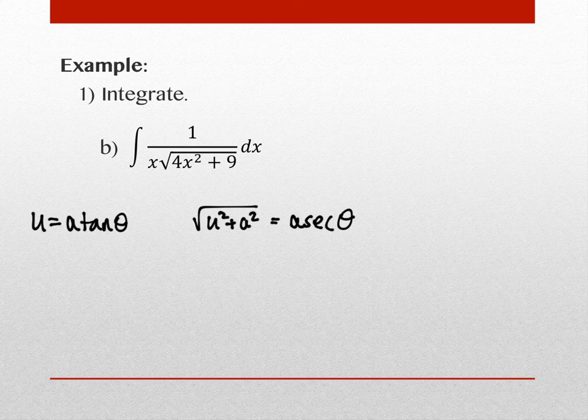Okay, what are a and u? Well, this piece and this piece, right? So what is a? What is u? a is 3. So a is the constant piece, the 3 from here. So in the place of the a's, I'm going to write in 3's.